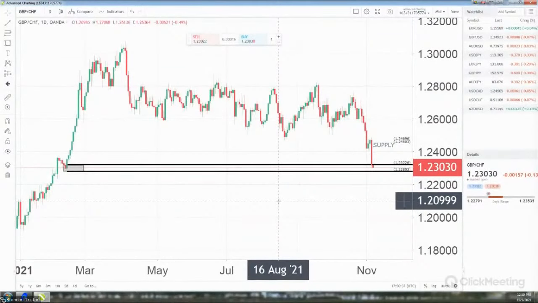So every time I get up in the morning and I'm looking at charts, looking at any asset, it doesn't matter.